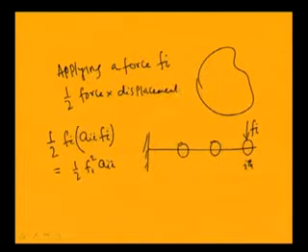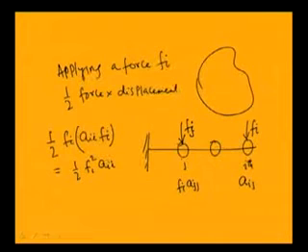Now, after applying this force Fi, we will apply another force Fj at the jth point. Due to this force Fj, this point j will undergo a displacement of Fj into Ajj, and the ith point, which already has a displacement of Aii, will have an additional displacement of Aij. Aij is the displacement at i due to a unit force at j.